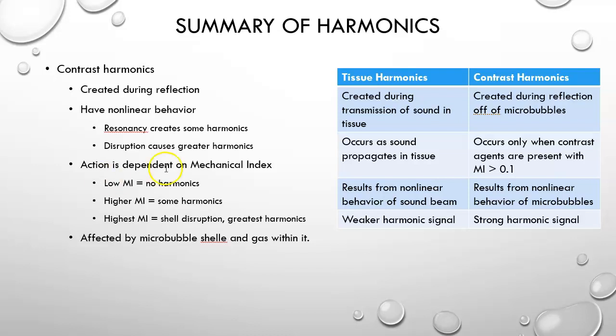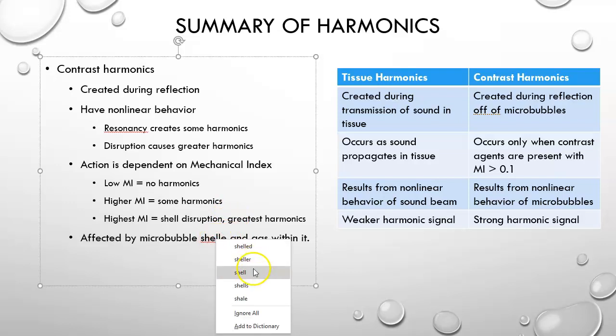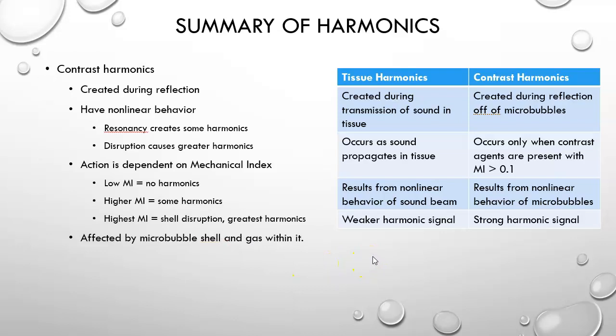In the mid-range, between 0.1 and 0.3, we get some harmonics and the contrast doesn't burst. Above 0.3 we start seeing some bursting of the contrast material, and then above 1 we see greater harmonics, but we see complete shell disruption. So this is all affected by whatever the microbubble shell is and the gas within it.